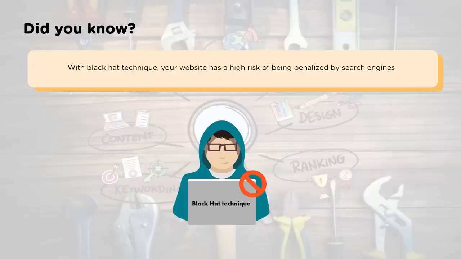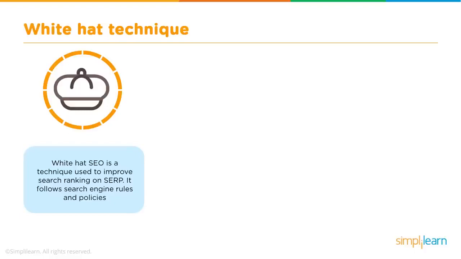So with black hat techniques, you run the risk of being penalized, and you don't want to be penalized by the search engines. White hat, contrarily, is used to improve search engine rankings by following those rules and policies. So in effect, it's everything we talked about today, from on-page SEO to off-page SEO. Doing the right thing with your content in terms of organizing the structure with headers, creating very clear and concise meta descriptions, and submitting a sitemap.